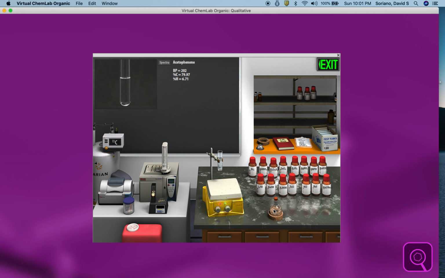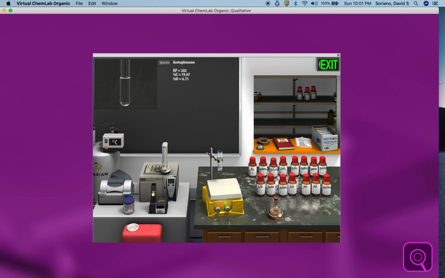Let's treat it with hydroxylamine. That would make an oxime. Put that in there. Without heating, nothing happens. And even if it were to heat, it would be colorless. So we're not seeing any derivative with the hydroxylamine.